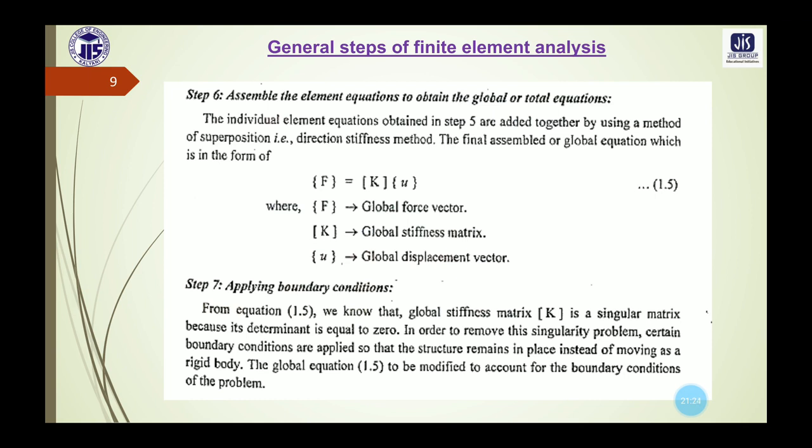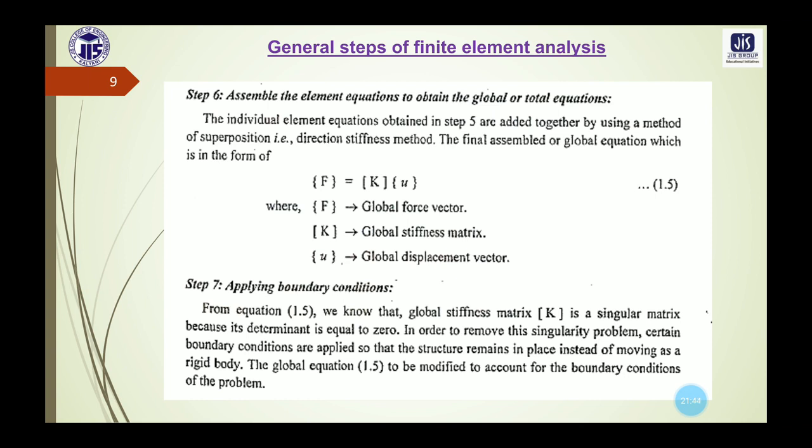So for step 6, the global or total equations, we need to remember F equals KU. Next, in step 7, we need to apply the boundary conditions for the given problem. The global stiffness matrix in equation 5 of step 6 is a singular matrix because its determinant is equal to 0.